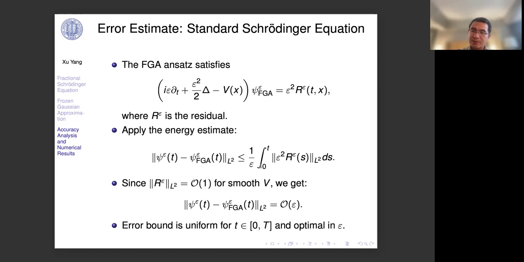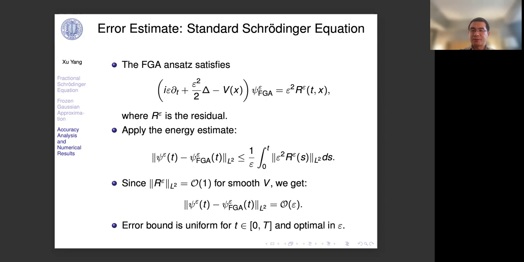This estimate can be valid for t up to a log epsilon scale. And then we did some detailed work to bound this remainder, and once R is bounded, we know this L2 accuracy will be big O of epsilon. So this is the first order FGA approximation.